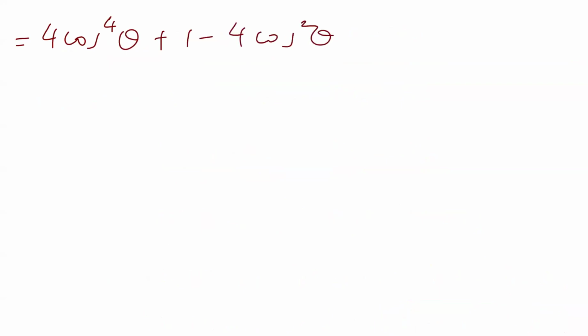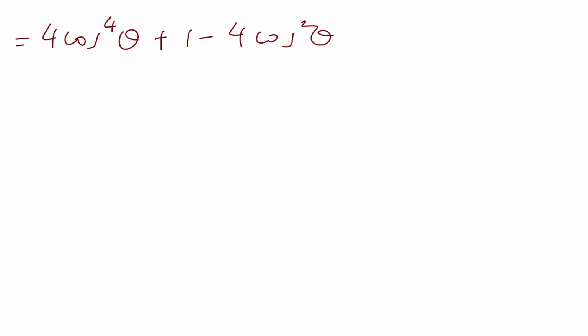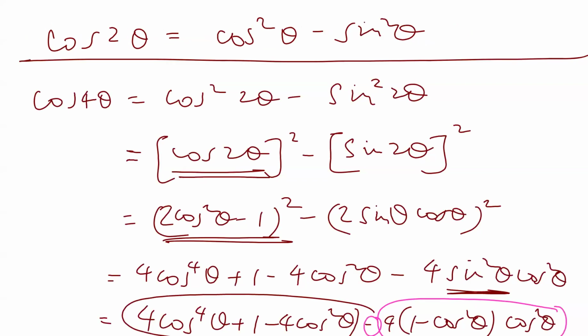Okay, these are the initial terms. These 3 terms I have written first. Minus 4 cos square theta into 1 is minus 4 cos square theta. Plus, why plus? Because minus and minus will be plus. Plus 4 cos raised to 4 theta.